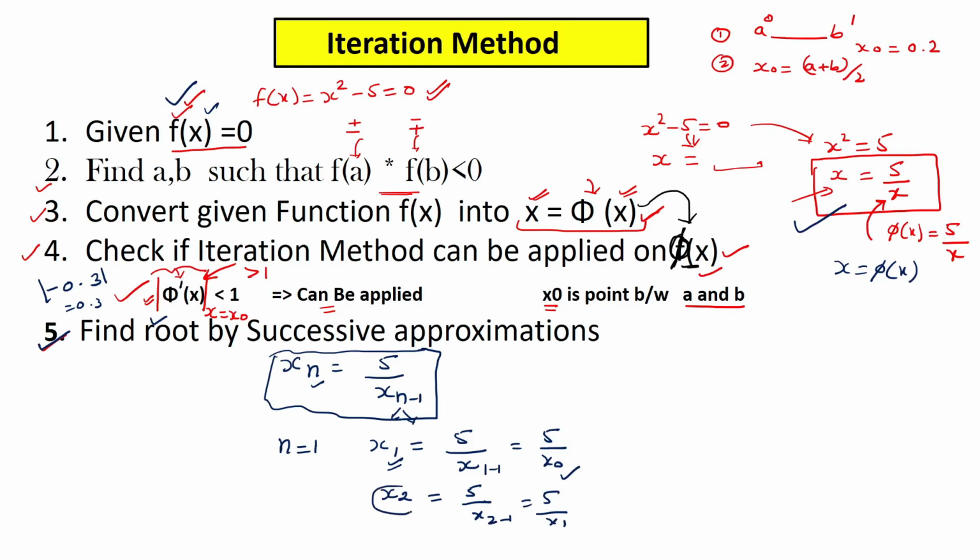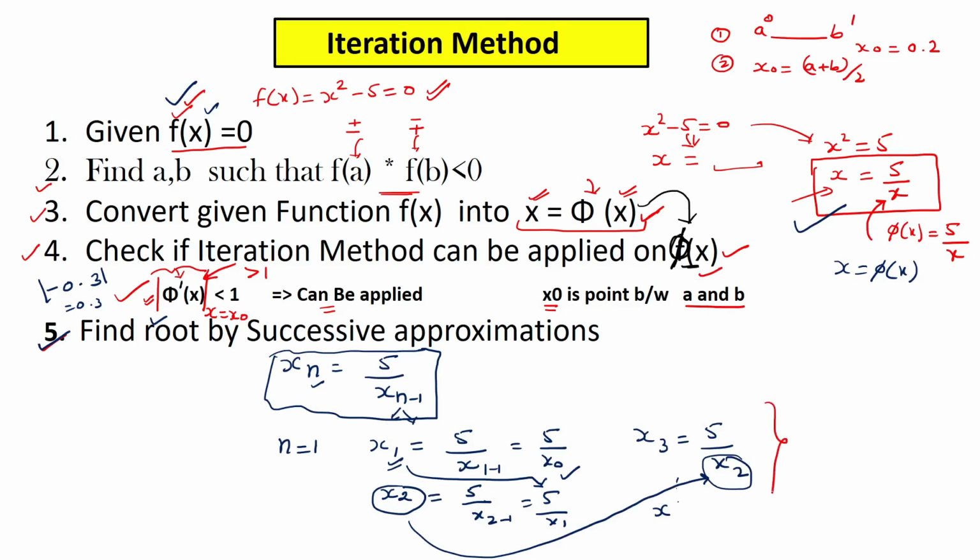So in calculating x2, you are taking the help of the previous root, that is x1. The same way x3 can be calculated from x2. So in each subsequent iteration, you are finding the particular x with the help of the previous x, that is the value of x that you got in the previous iteration.